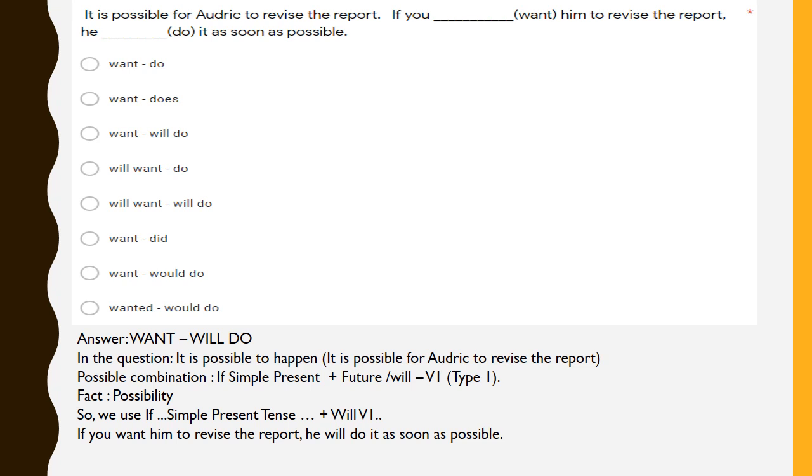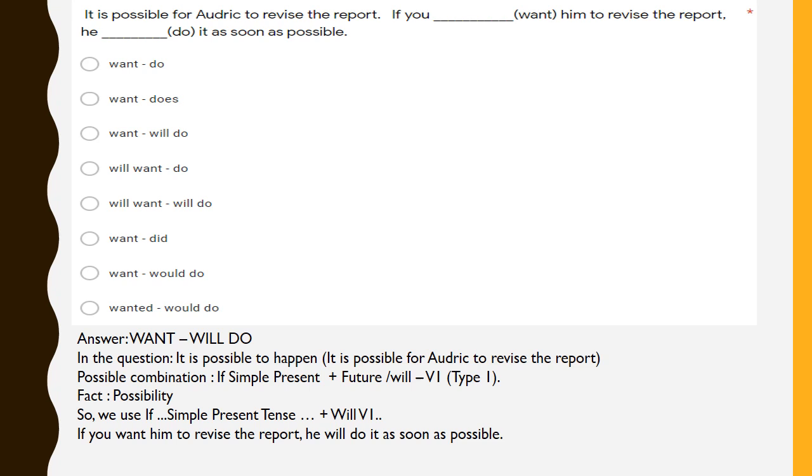Question. It is possible for Audric to revise the report. If you want him to revise the report, he do it as soon as possible. The answer is want will do. In the question, it is possible for Audric to revise the report.